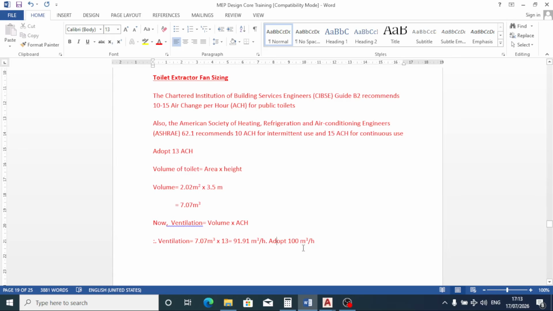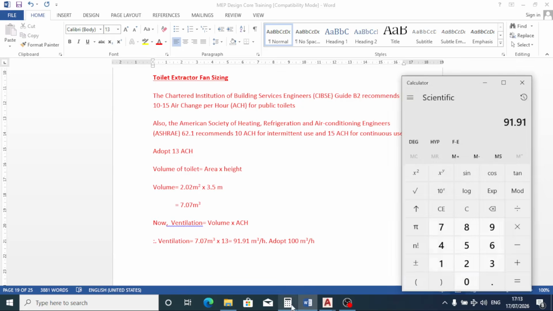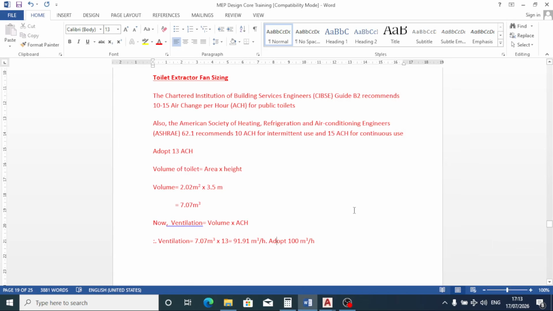That is, if you divide 100 by 13, it means for each batch about 8 meter cube of air will be evacuated, and now we have 13 batches, so the total is going to be 100 meter cube per hour, according to the extractor fan we are adopting.